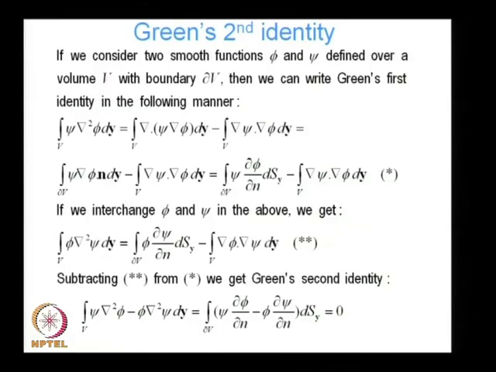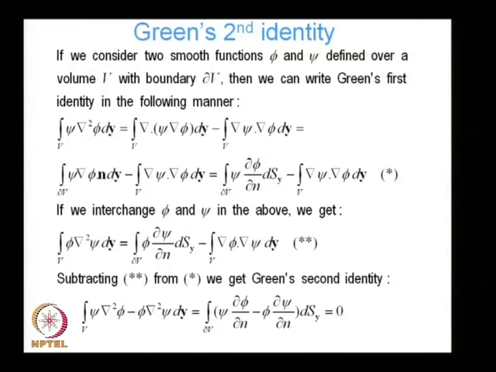We consider two smooth functions phi and psi defined over a volume V with boundary del V. Then we write Green's first identity in the following manner, which is really straightforward, because it is just writing the Laplacian operator in terms of its definition, in terms of the divergence and the gradient.